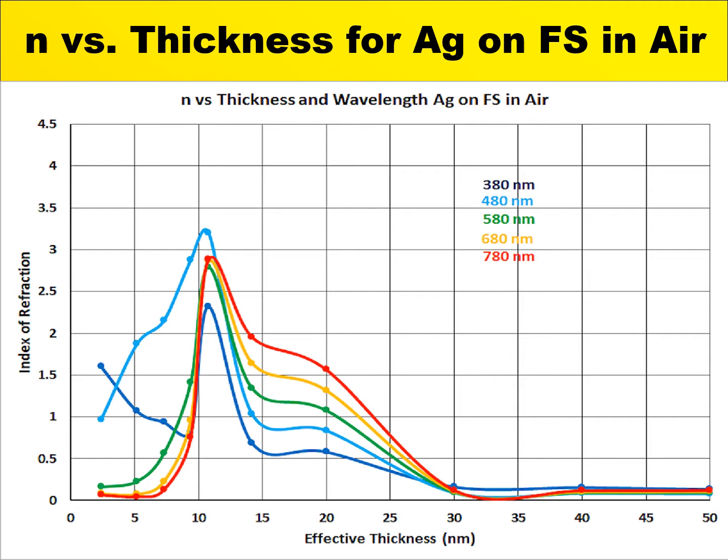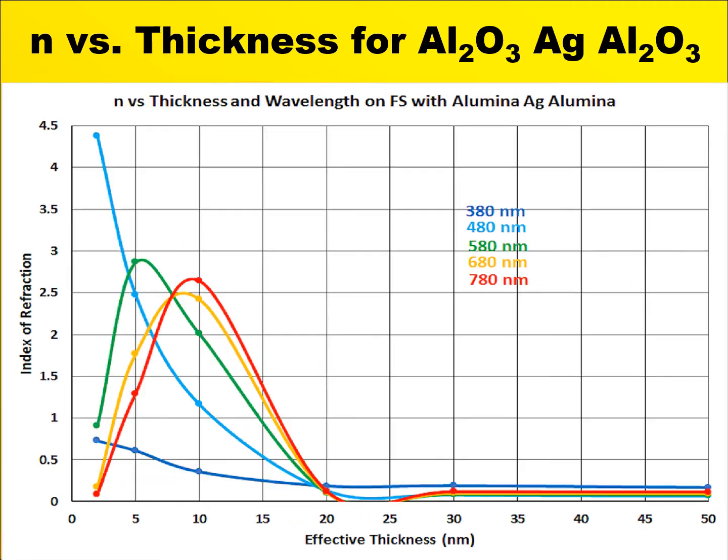And we see that depending on the wavelength, they have slightly different characteristics, of course, but this one peaks up at about 11 nanometers. But also we see that it goes down to a bulk value, which in this case the N value is quite low at about 30 nanometers, and thereafter thickness doesn't matter.